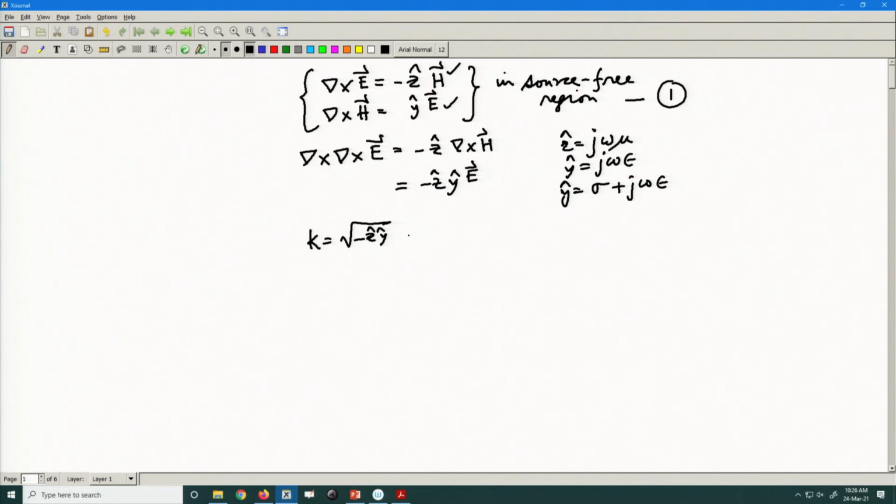So, if there is no conductor, it is a source free case, a homogeneous medium without any conductor, so y cap will be equal to j omega epsilon. So, k is called the wave number in the medium.